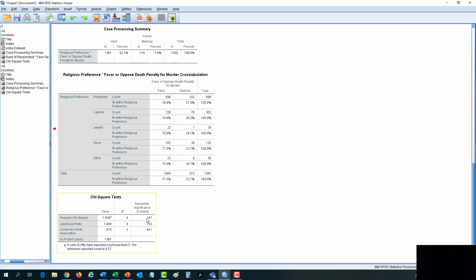And then all you have to say is that this test is not significant at the 0.05 level. Okay? So since it's not significant, we cannot jump from the sample to the population. Wow, you know what? I did that pretty damn good.